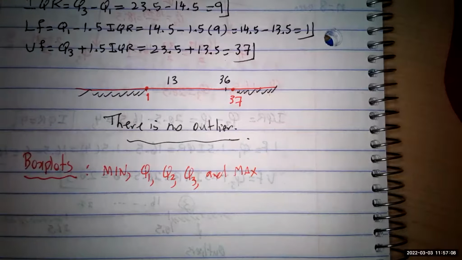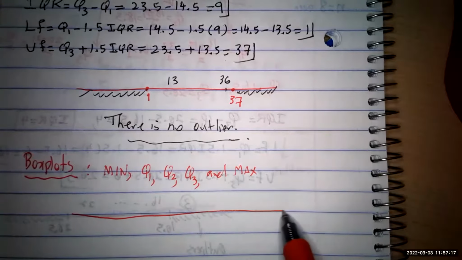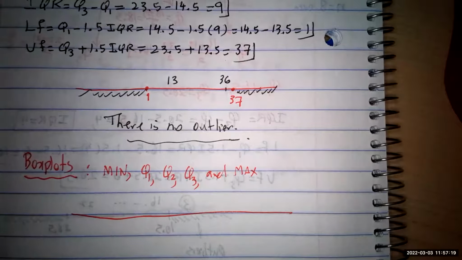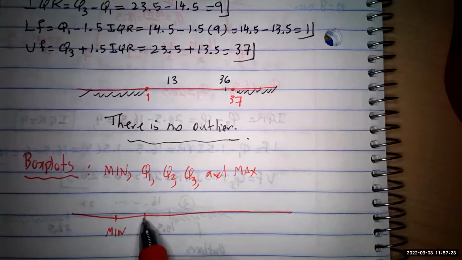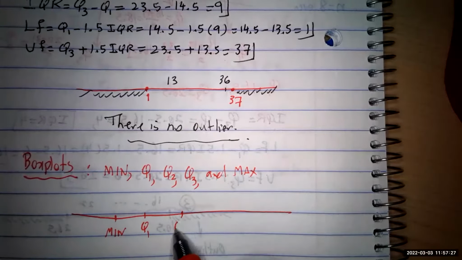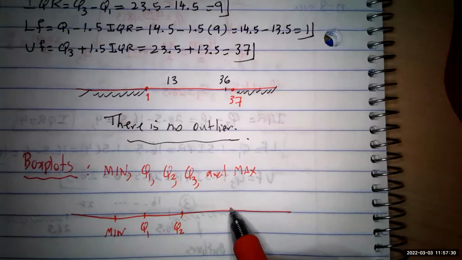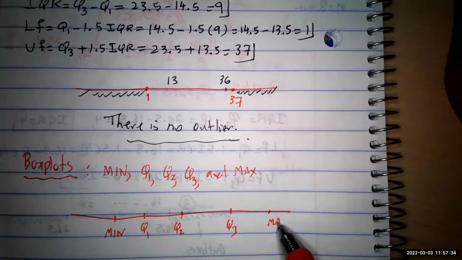We call them the 5 summary numbers. As soon as you find these, you put them on the number line. Suppose this is the minimum, this is Q1, this is Q2, this is your Q3, and you get the maximum.